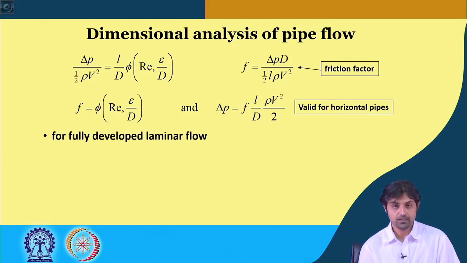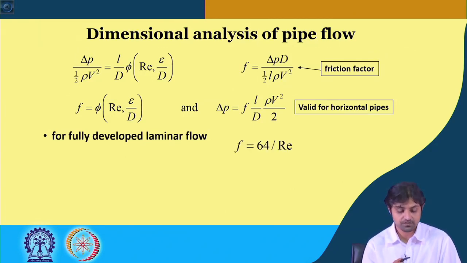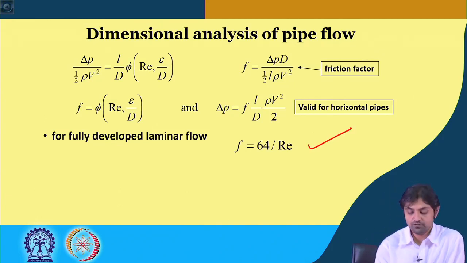Now for a fully developed laminar flow, we already found out what that F was: it was 64 by Re. From our previous lectures in pipe flow, we have derived that F is equal to 64 by Re for fully developed laminar flow.